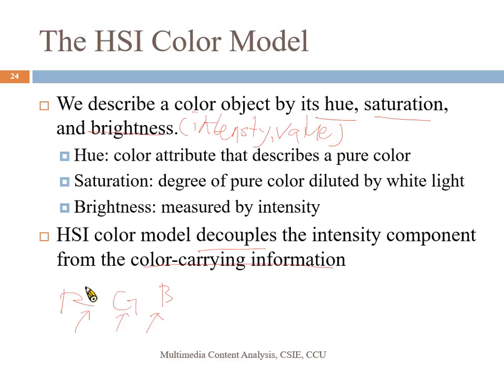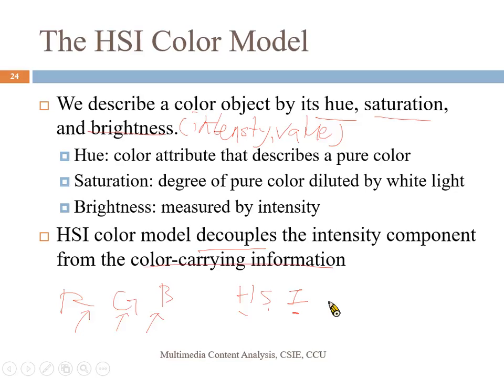So we say that these three color channels are not independent. But in the HSI color model, the I value is independent of S and H, and hue is also independent of the other two color channels. This is quite important when we try to develop some multimedia applications.